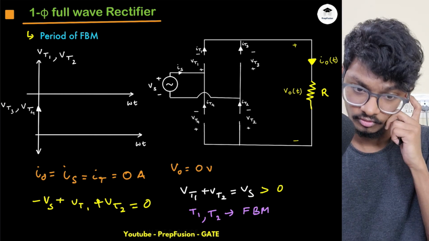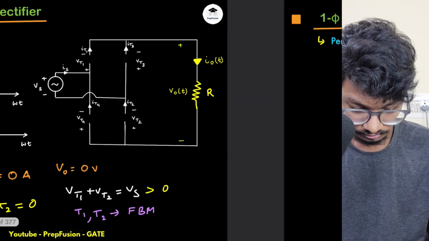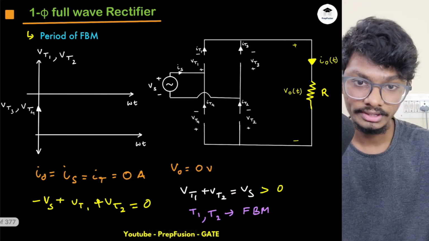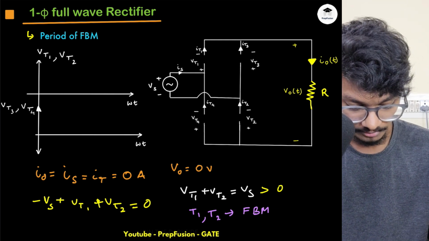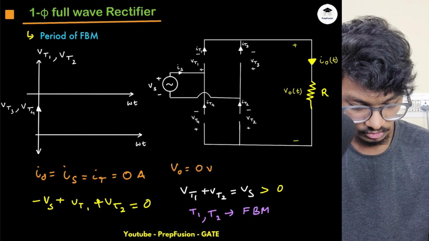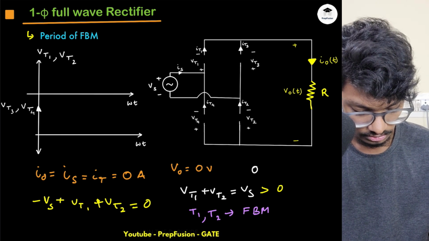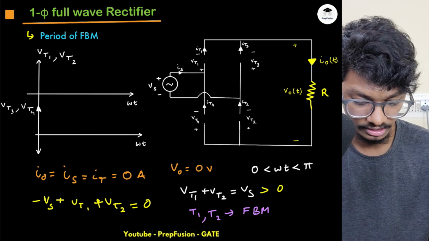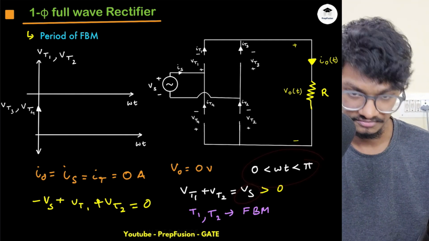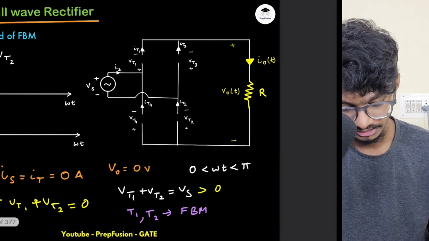Now what about T3 and T4? This is what I am talking about in the region from omega t equals 0 to pi for now, because between omega t equals 0 to pi, my Vs is positive. After that, everything will flip. I will talk about that as well.